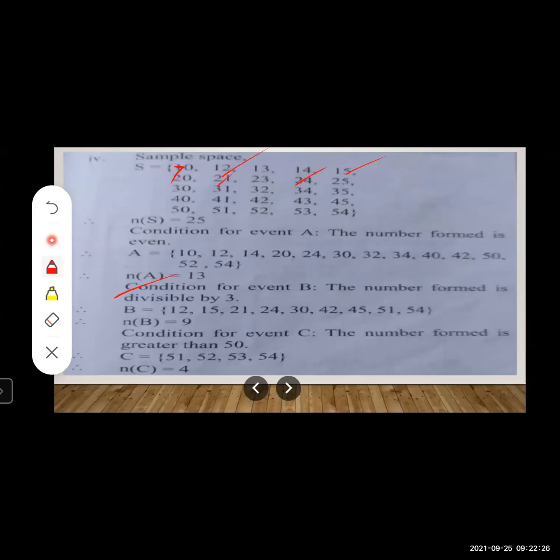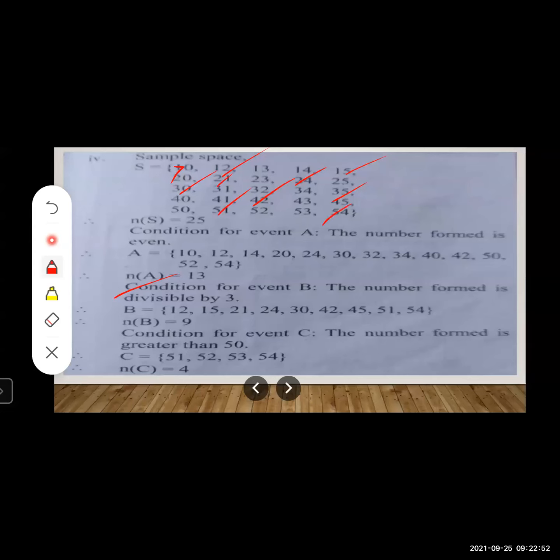Number 24, it is a multiple of 3. Then 30, it is a multiple of 3. Then which number is coming? Yes, students, 42. After 42, which number is coming? 45, it is a multiple of 3. Then 51, it is a multiple of 3. Then 54, it is a multiple of 3.